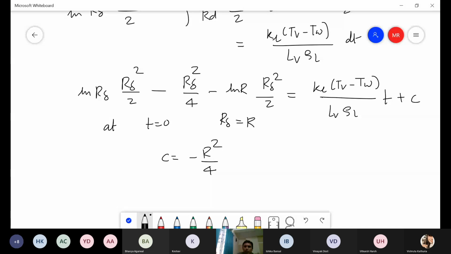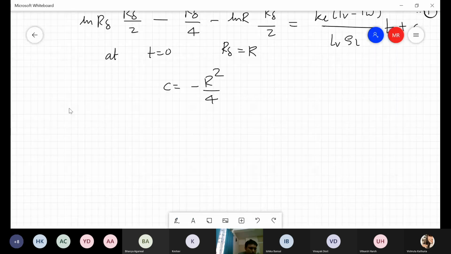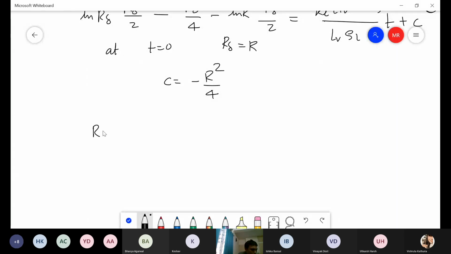Now you can put it in the original equation. Let's say this is equation number 1. Putting it in equation number 1, what you get is r delta square ln r delta by r by 2, minus r delta square minus r square.